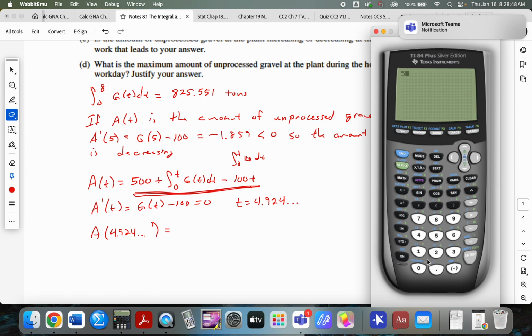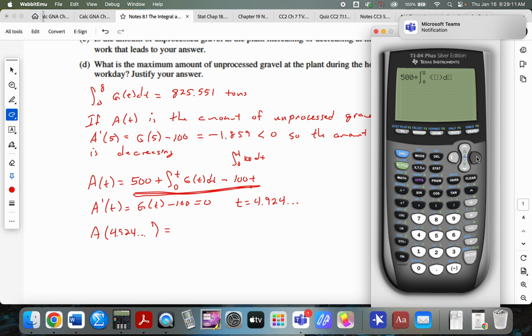I'm going to do 500 plus math 9, the integral from 0 to, the nice thing is that it still has that value that I just calculated in its head, and it won't forget it until it does something else. So I'm just going to put x up here. It still has that value.